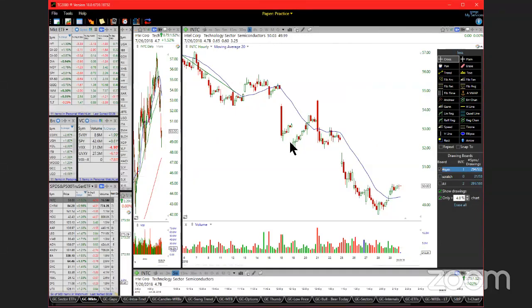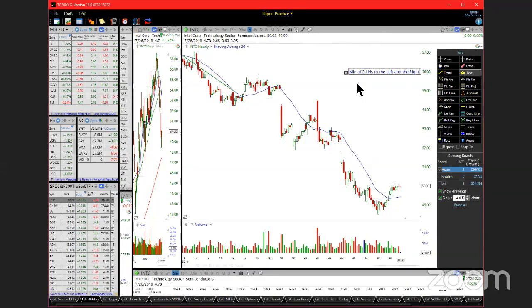It's black and white. So okay, the definition of a high, as I define it, has to have a minimum of 2 lower highs to the left and the right.